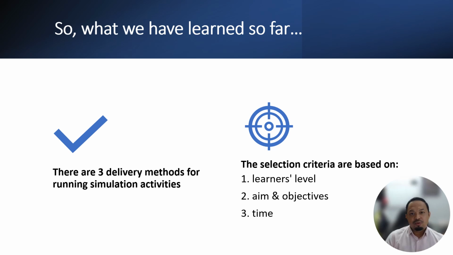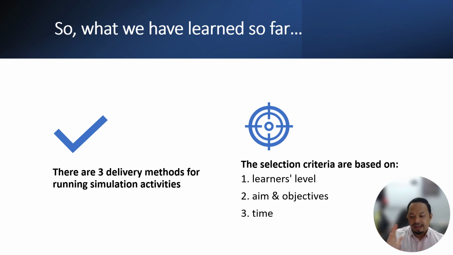All right, so what we have learned so far. There are 3 delivery methods for running simulation activity, namely continuous to end or after action review, pause and restart, and rapid cycle deliberate practice. The selection criteria are based on learners' level or characteristics.